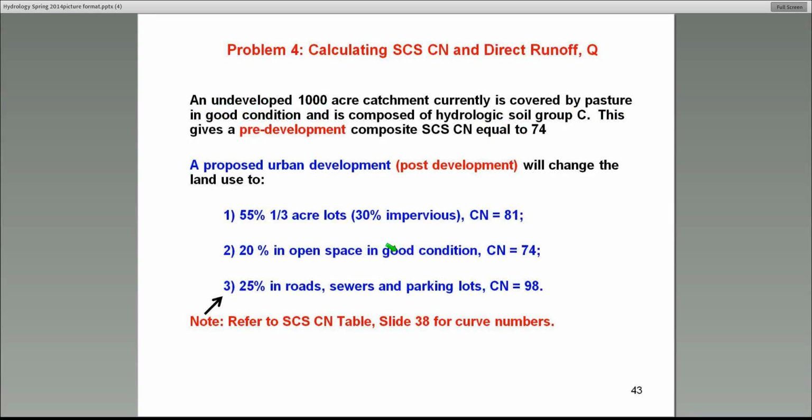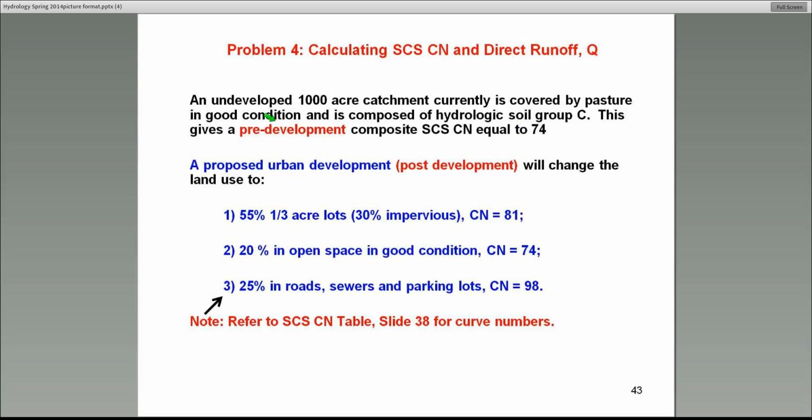In this case, I intentionally set it up as a typical application of this method in urban areas. For example, here you have a 1,000 acre catchment that we're going to develop. Initially, it's in pasture in good condition, and its curve number is 74. That's what we call pre-development conditions.